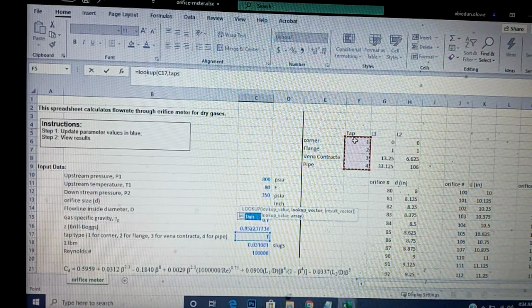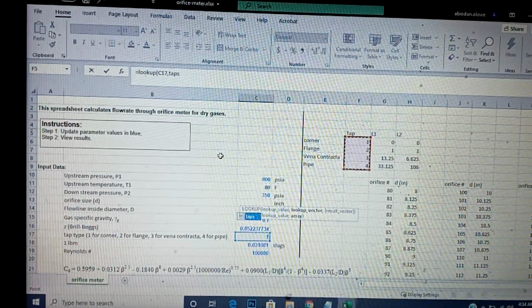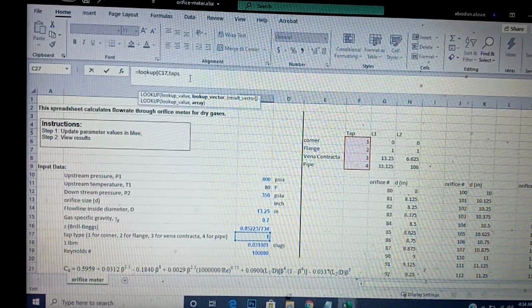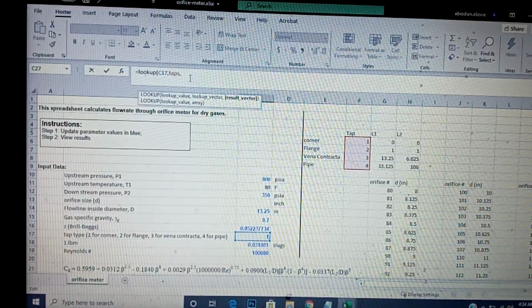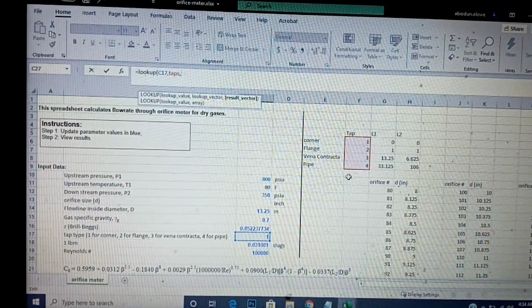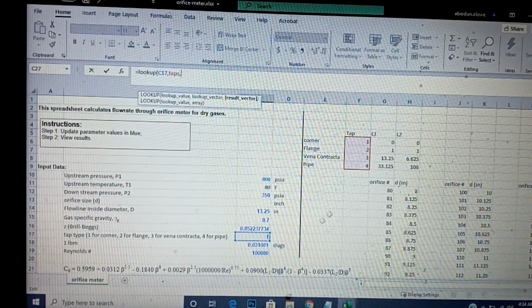I already named that cell. Just those numbers, I named them tabs. So it's going to write tabs. Don't worry about that. Then I put comma. So it's going to look for tabs. It's going to read whatever I put there. Then look in tabs. And it's going to enter what? L1. So the value it's going to enter is L1.